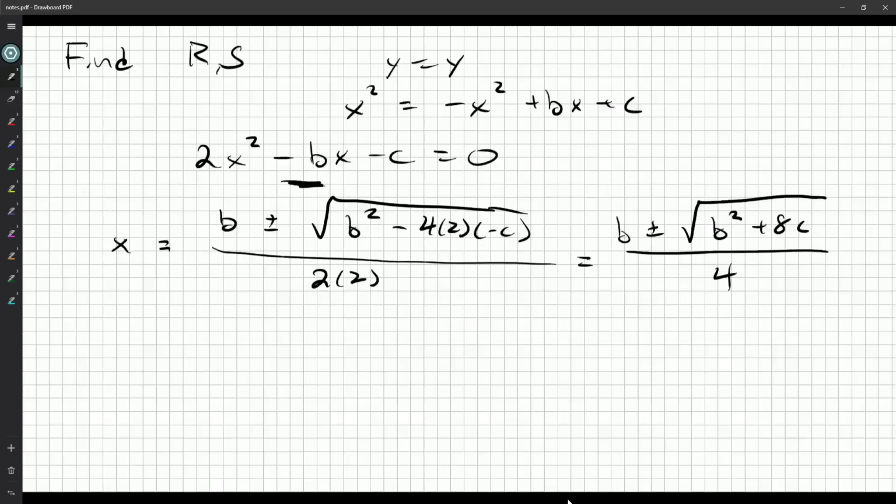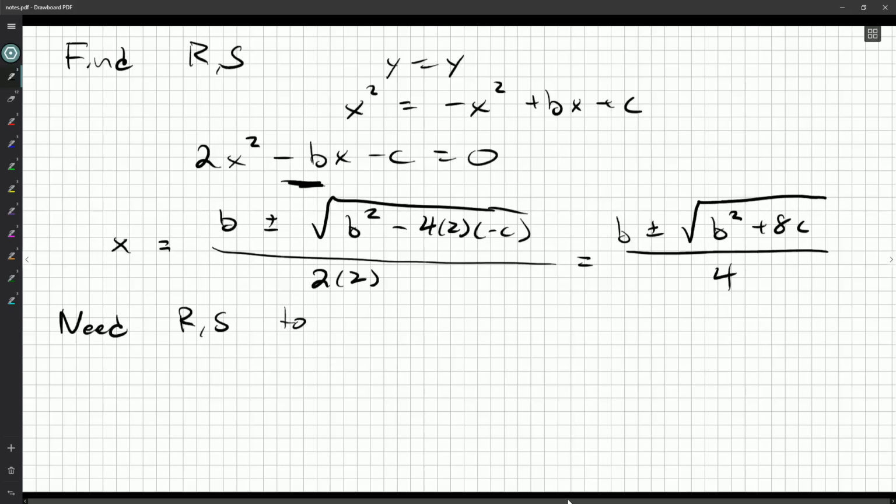So we need R and S to be distinct. So b squared plus 8c has to be greater than 0. So that's a useful thing to know.